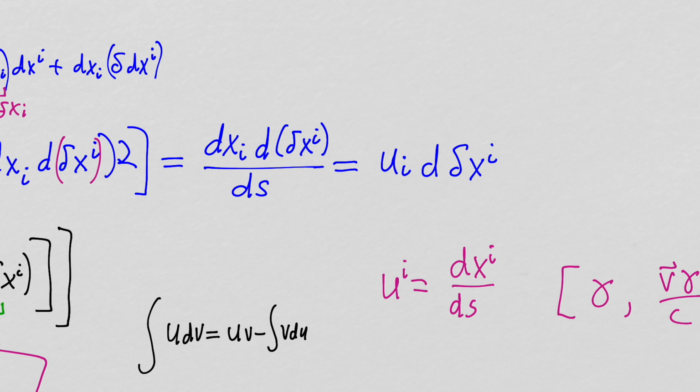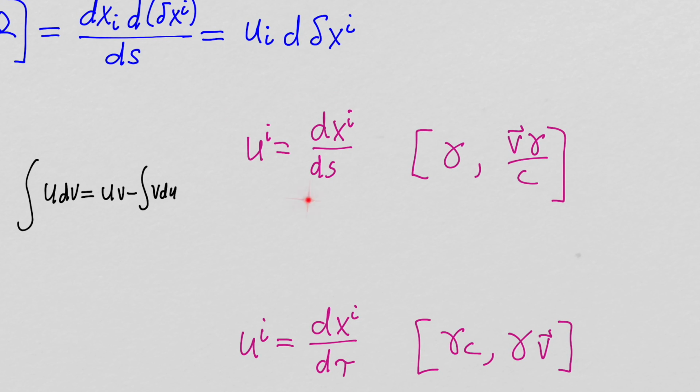This part threw me for a loop for a while, because this definition implies he's defining each component of the 4 velocity as dxi ds, where ds is an integral along the path. And that means his 4 velocity is defined this way. The first component is gamma, and the second component is the normal velocity vector times gamma over c.